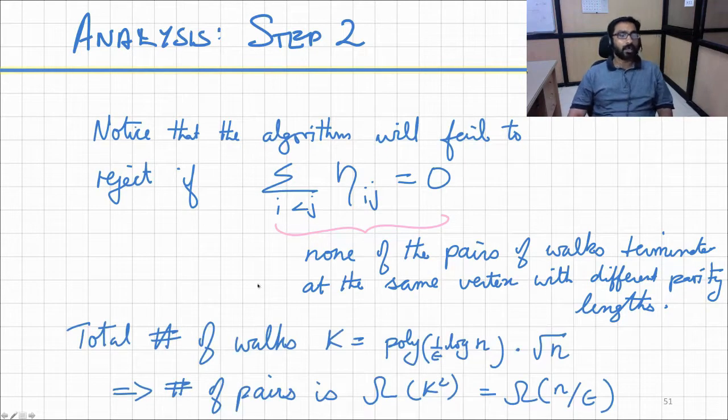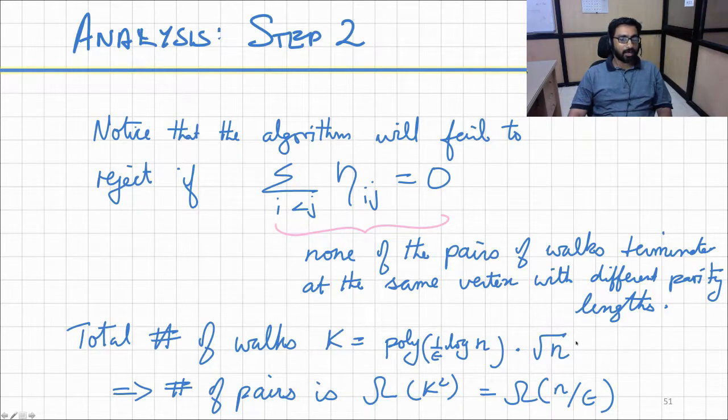Let's consider the probability of the complementary event. The total number of walks, remember, is some polynomial in 1 over epsilon times log n, times square root of n. The most important term to keep in mind is this square root of n over here.